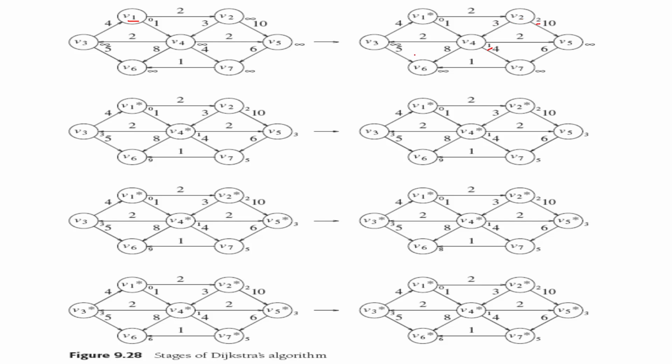I'm going to pick the minimum one, and the minimum one is edge v1 to v4. So v4 is added to my cloud. v1 and v4 have an asterisk on top of them. Now the other edges I'm going to consider go from v1 to outside or from v4 to outside, and I have to choose the minimum edge.